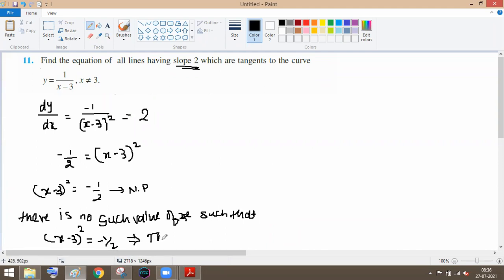So we can say that there is no (x1, y1), so that no tangent is possible.